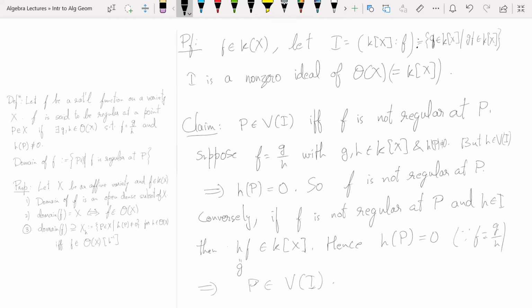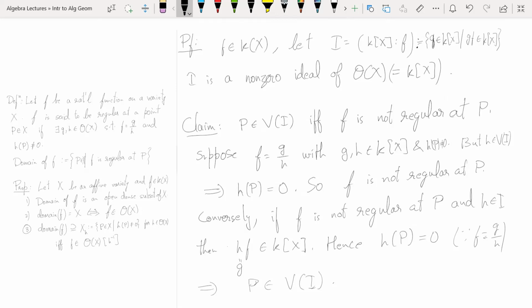So first thing to note is that this is indeed a non-zero ideal of O_X. So first of all, why is this an ideal? If g is there and h is there, then of course g times f belongs to k[X] and h times f belongs to k[X]. So (g plus h) times f belongs to k[X].